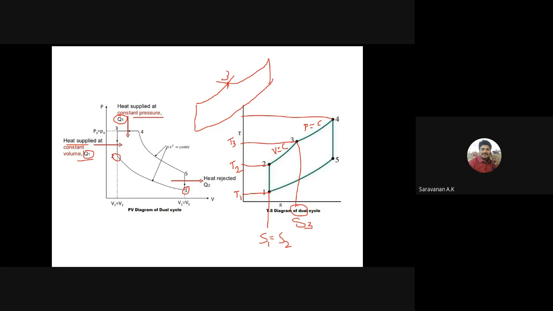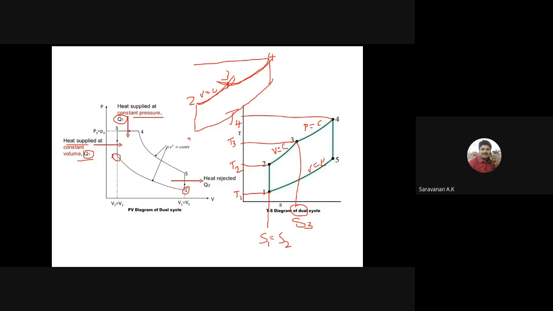Then 1, 2, 3, and 4, where the maximum temperature T4 is reached. Again this curve is different; it is the constant volume process, and here it is constant pressure.